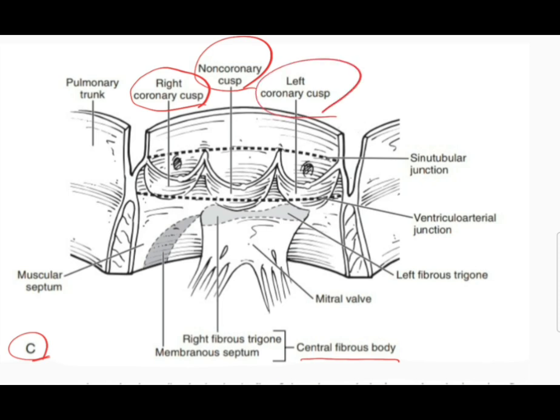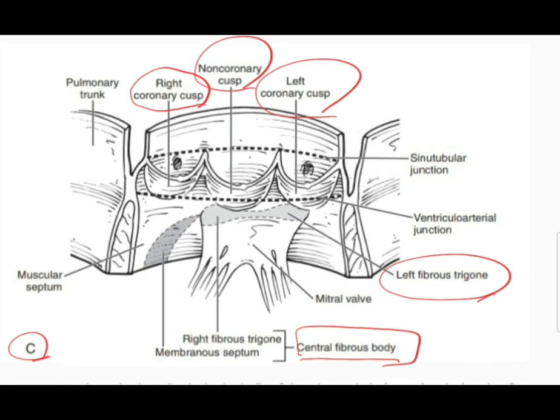And the aortic valve is physically connected to the mitral valve via the left fibrous trigone, and we can see the central fibrous body formed by the right fibrous trigone and the membranous septum.